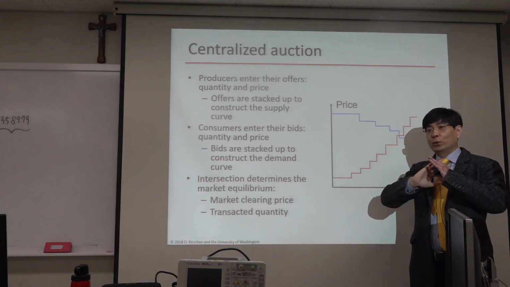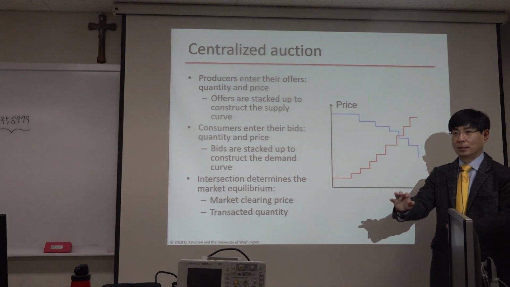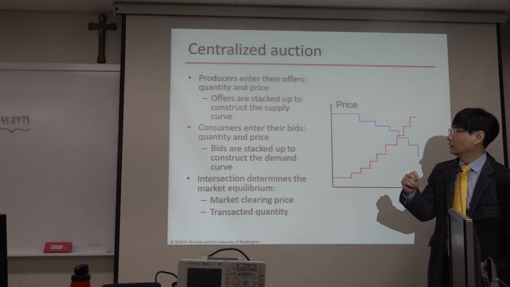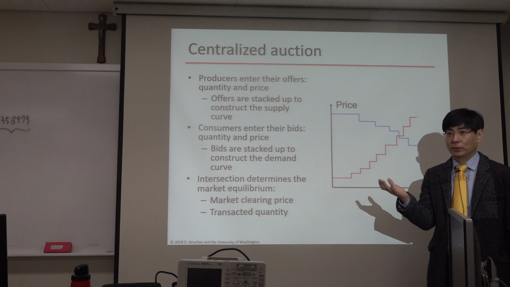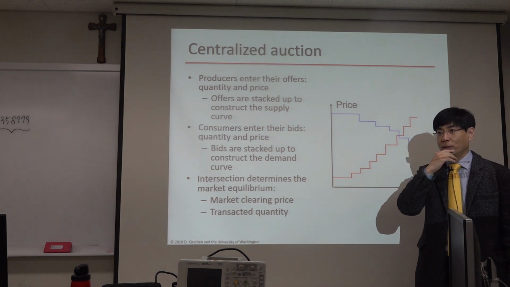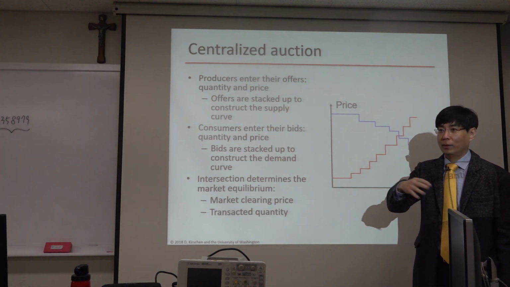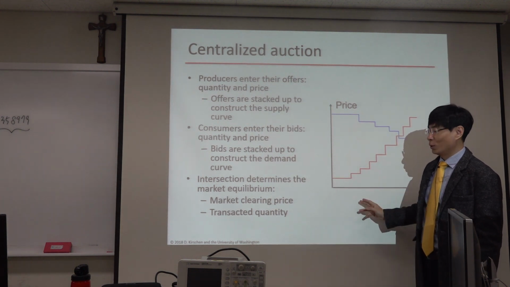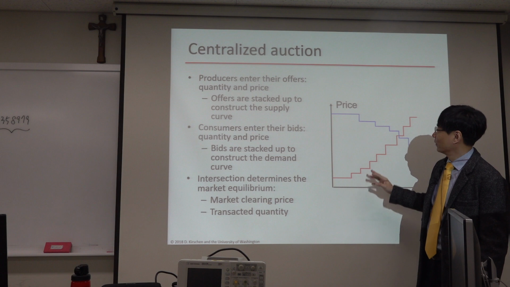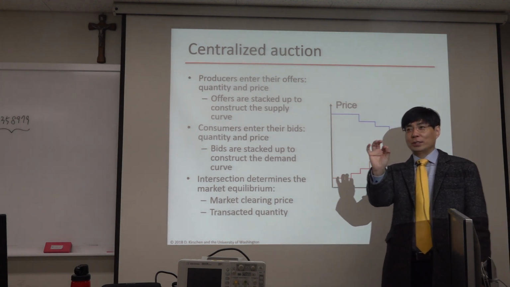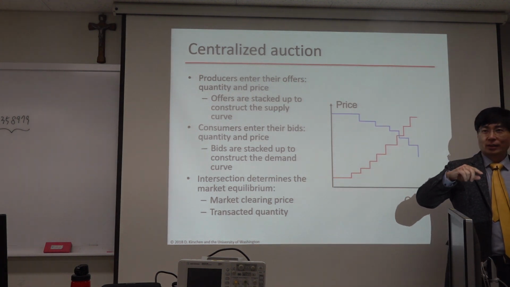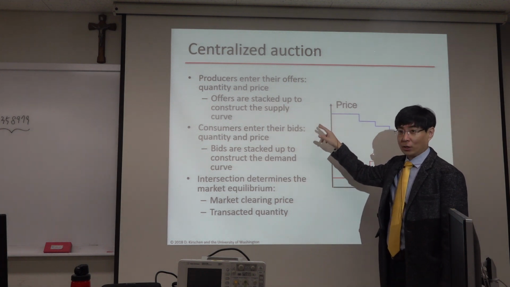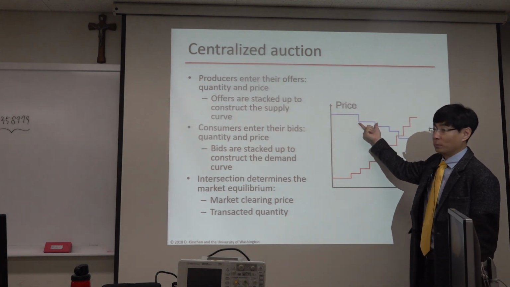Yeji does not want to buy the mask if the price is higher than $9, for example. Okay, so Gyeongyong is the richest guy, so he doesn't care about the money or price. So he's the only one to buy mask. And Yeji is the second richest student here. So when the price is $9, she is willing to buy this much.